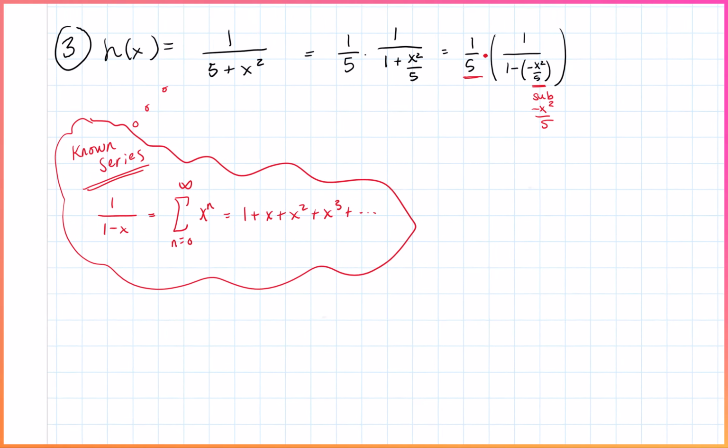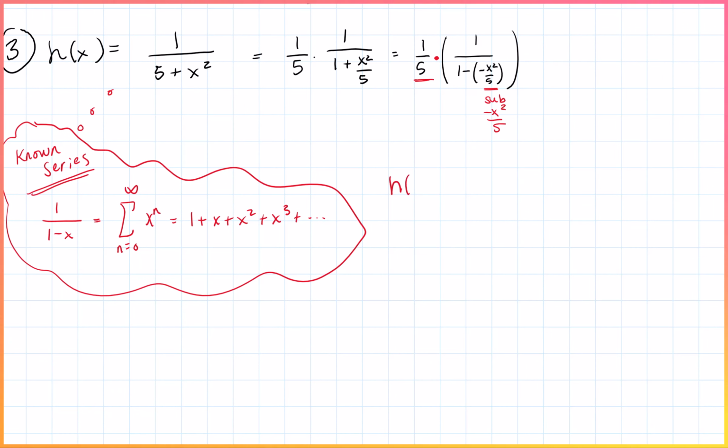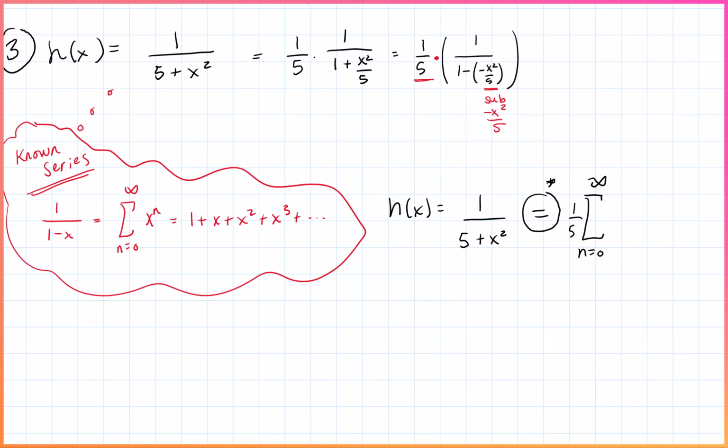So let's take that h of x. I'm going to rewrite it down here. Let's take that function, 1 over 5 plus x squared, and that's going to be equal to, I'm going to go ahead and circle that because it's equal on a certain interval, the power series from n equals 0 to infinity of, well, we have 1/5, let's put the 1/5 out here for now, 1/5 times negative x squared over 5 to the nth power.